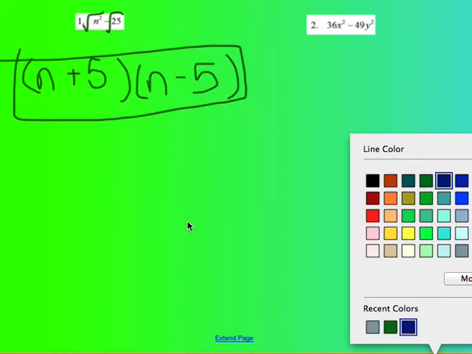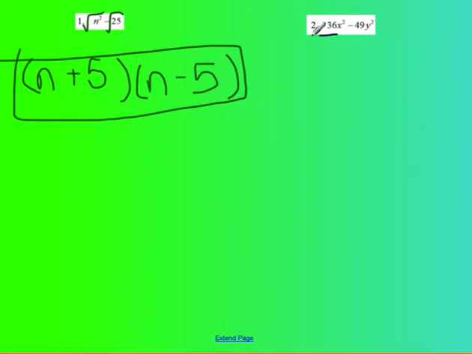Well, let's take a look at number 2. So for number 2, I see that I have two perfect squares. So I'm going to set up my two parentheses. I'm going to put a plus in one and a minus in the other. So I'm going to take the square root of the first term and the square root of the second term. First of all, the square root of 36 is just 6. So I'm going to put 6 in the first spot of each parenthesis.